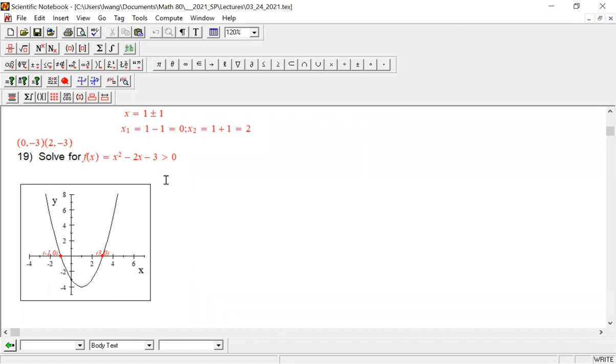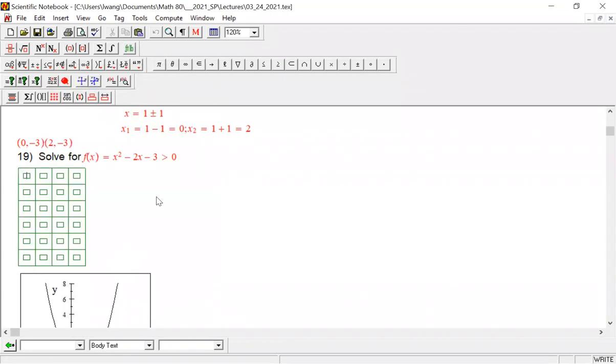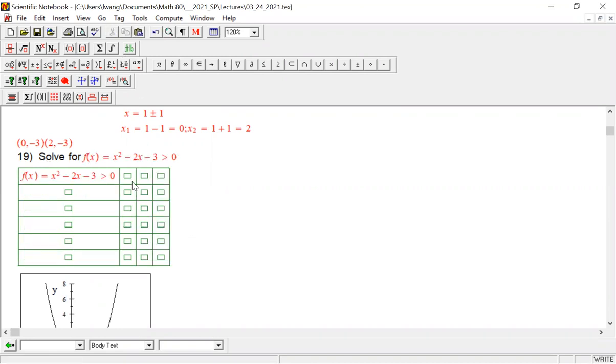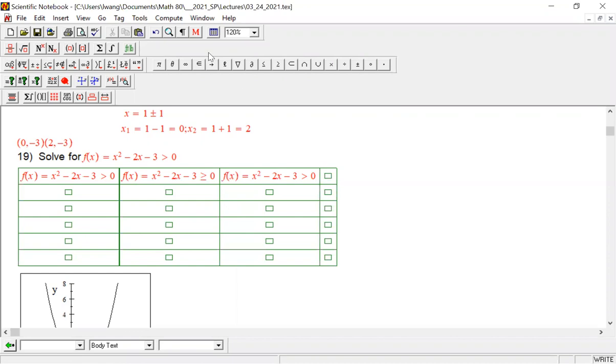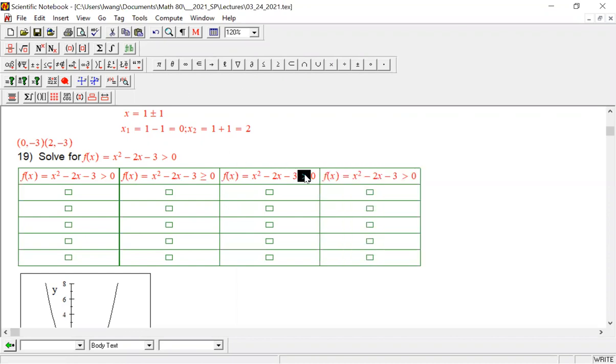Okay, so once again, we're going to make this table for f of x larger than 0, larger than or equal to 0, less than 0, less than or equal to 0.